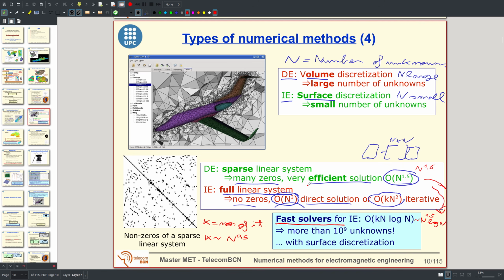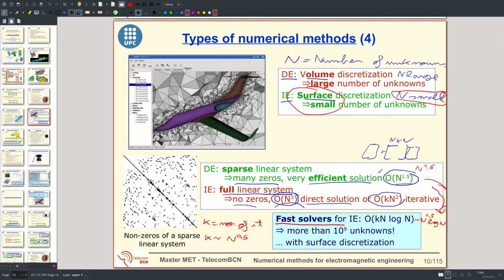In fact, it is n to 1.6 or like that for sparse matrices. So the power of n in the order of the number of operations that you need to solve the linear system, if you use a fast solver, becomes comparable between integral equation methods and finite difference methods. However, with integral equation methods you have surface discretization, and n is much smaller.